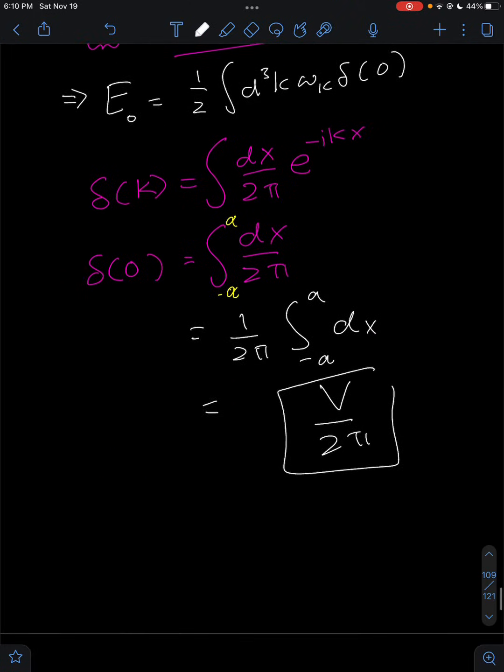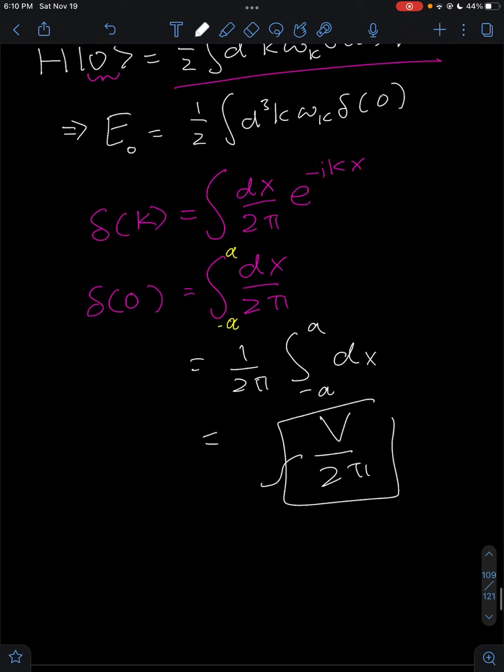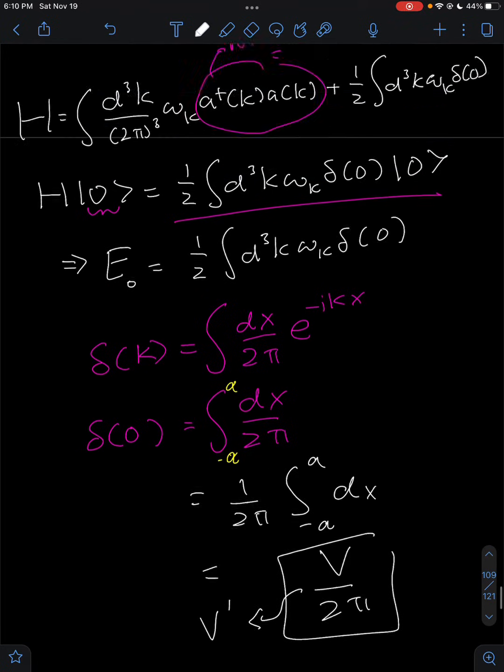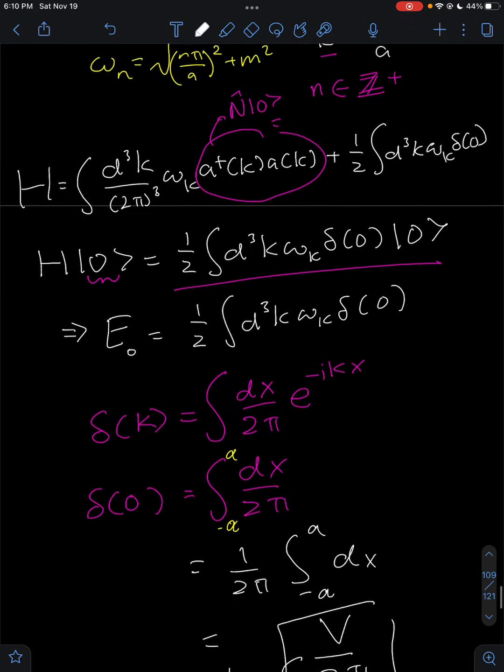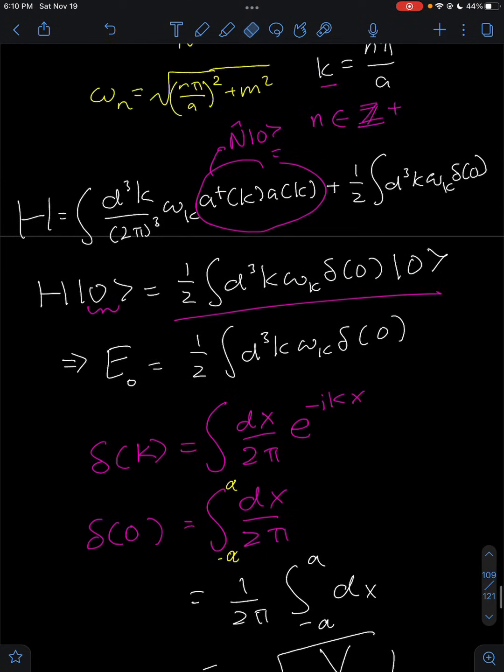What we can also do is absorb the 2 pi into this volume V and have a V prime, right? Also, something that's important: this should not be the 3-volume element over 2 pi cubed. It should just be dk over 2 pi, since we are working in 2-dimensional space-time.